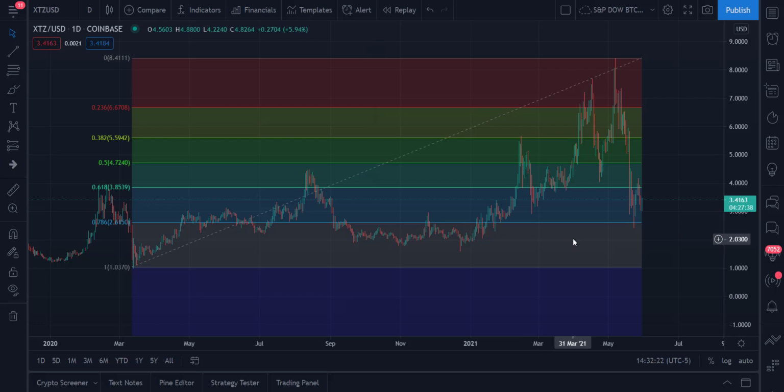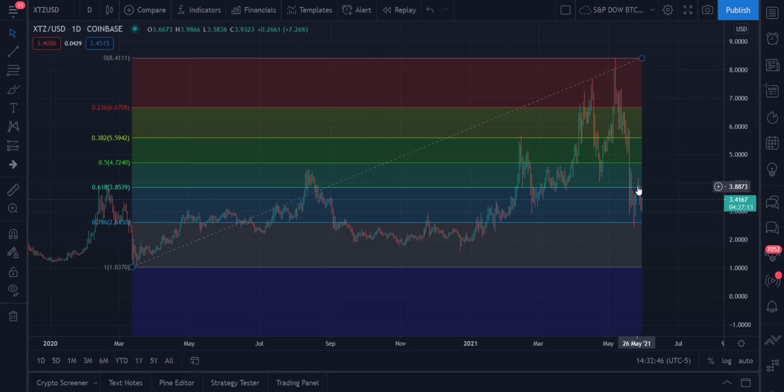I would definitely say that the $2.61 level, this blue line here, is an area of importance. I would also keep an eye on this 61.8 just in case this ends up becoming true resistance.